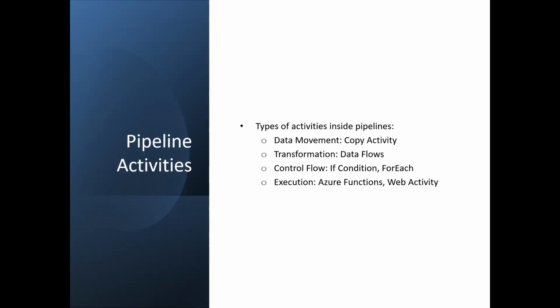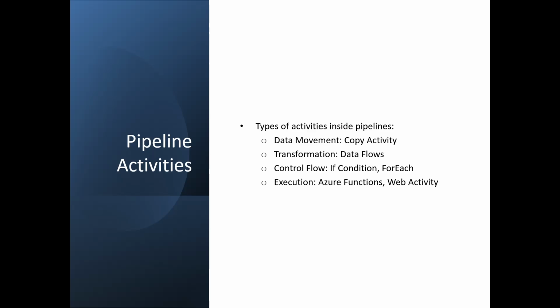So we just mentioned pipeline activities. So what are pipeline activities? A pipeline contains activities, and each activity performs a specific function. So here are the types of activities we have.